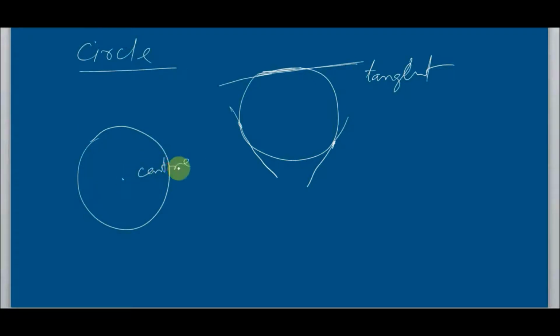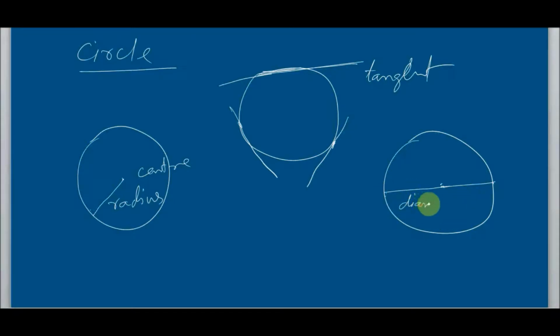It is very simple. If I draw a line from the center to the perimeter, that means to the circumference, it is called the radius. And if I draw a line which passes through the center of the circle and touches the circumference of the circle, this is called the diameter.